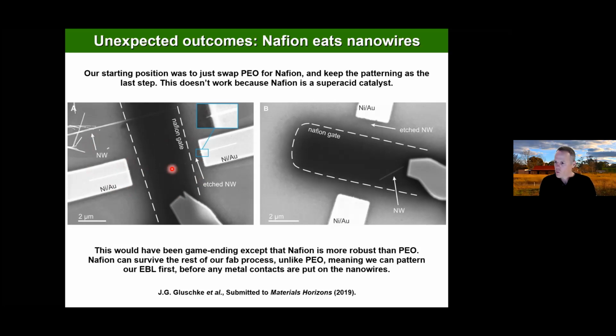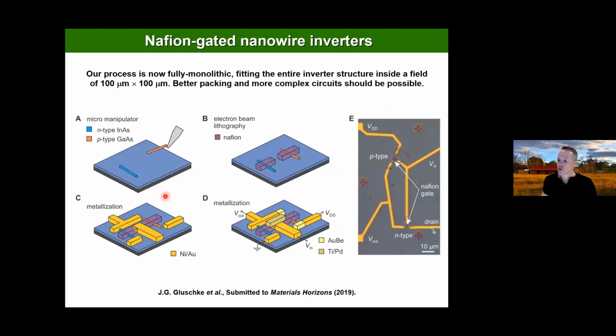And so we ended up changing our process to one that looks a little bit like this. We put our nanowires on our surface first. We then write and develop our Nafion elements directly onto there. We can do that so that there's no metal on the chip that drives the etching of the nanowires via the Nafion.